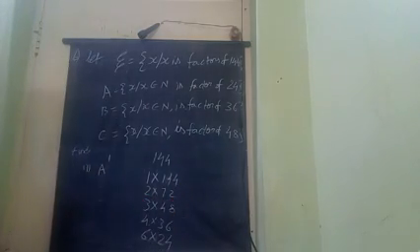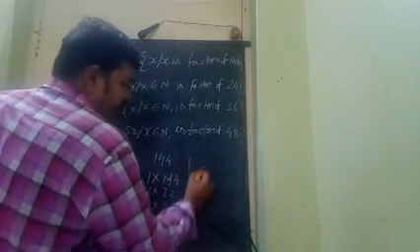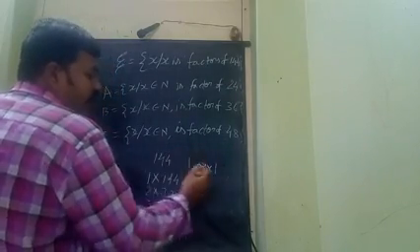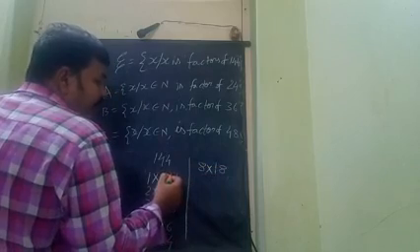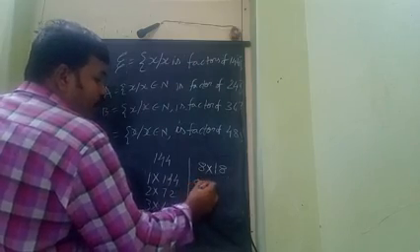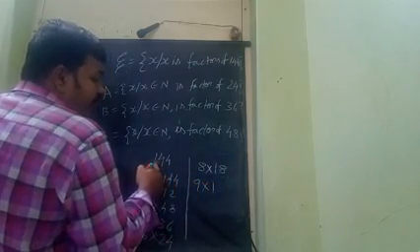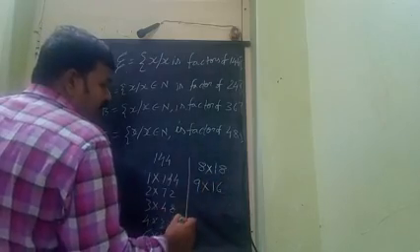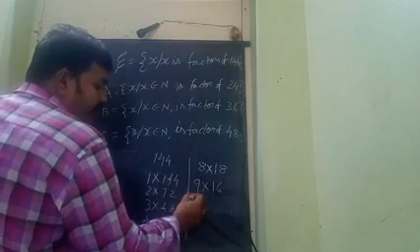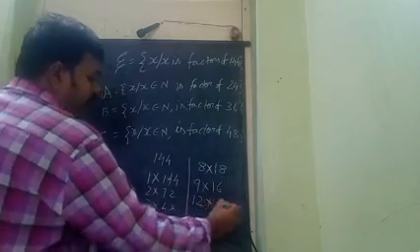Next, we have to write the factors. 8 table: 8 into 18 is 144. 9 table: 9 into 16 is 144. 7 table, no. 10 table, no. 11 table, no. 12 table: 12 12s are 144.